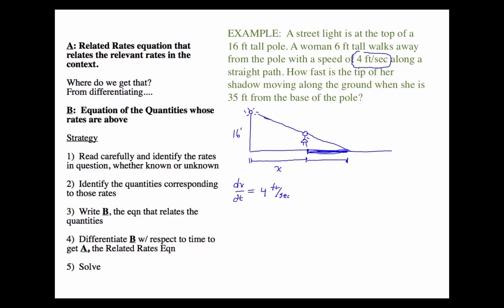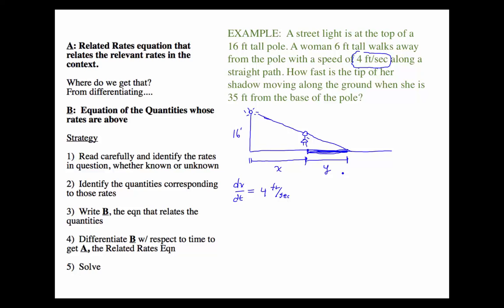Will the rate of change of that distance give us how fast the tip of her shadow is moving? Some people are saying no. Okay, how about that distance? The rate of change of that distance would be how fast what is changing? If we took this distance right here, let's call it y, just for now.